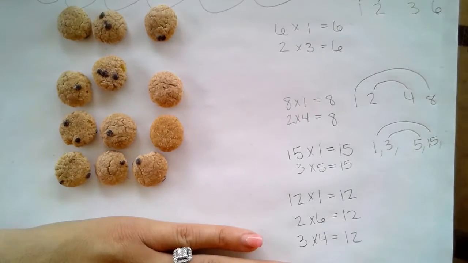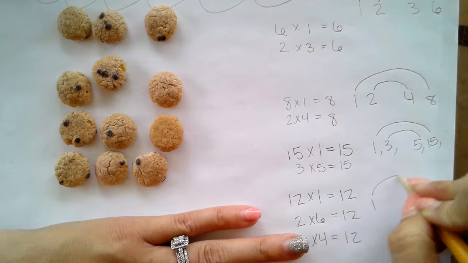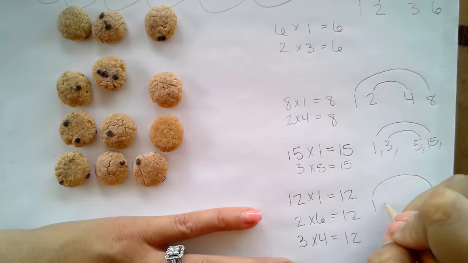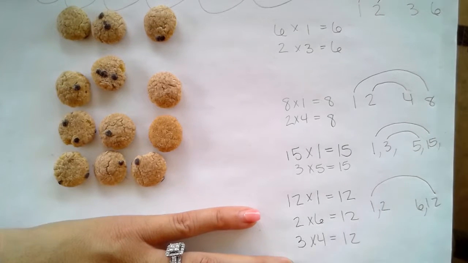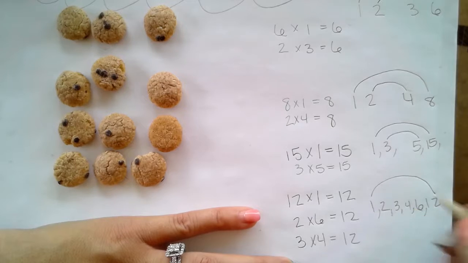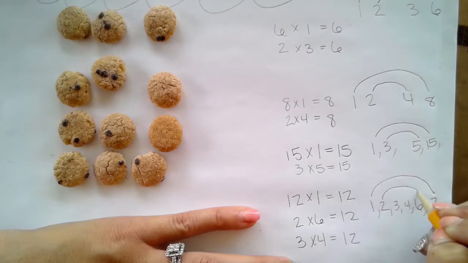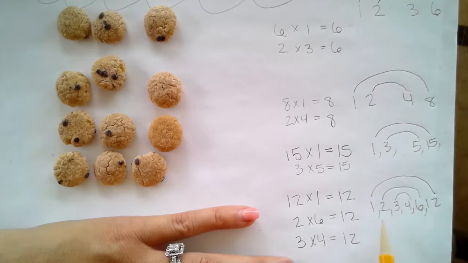So here, when I do my rainbow, I would have 1 times 12, 2 times 6. I'm going to put commas in between so I know those are different numbers. And 3 times 4. So 2 times the 6 and 3 times the 4. It makes a rainbow. So my factors of 12 are 1, 2, 3, 4, 6, and 12. 2 and 6, 3 and 4. Okay?